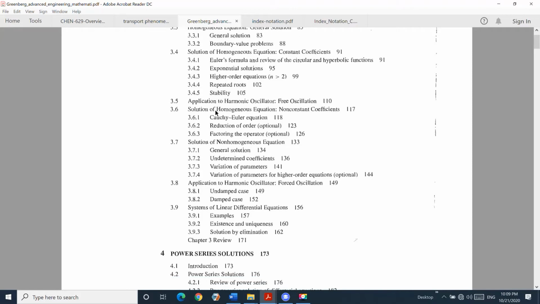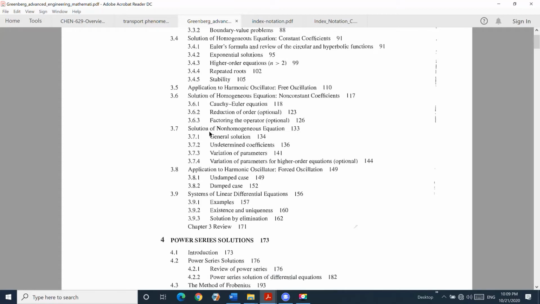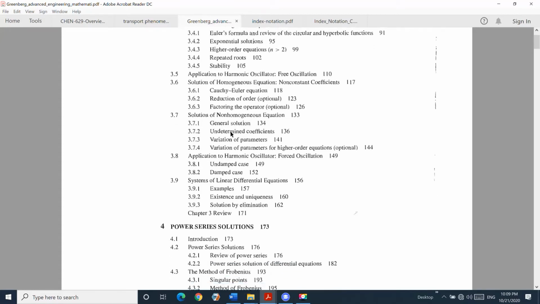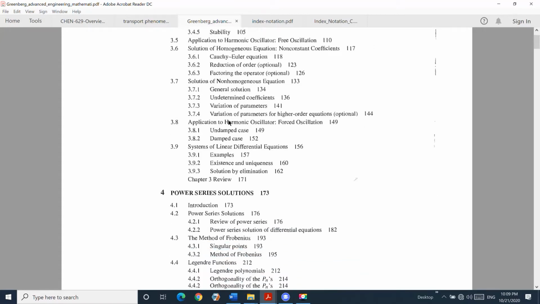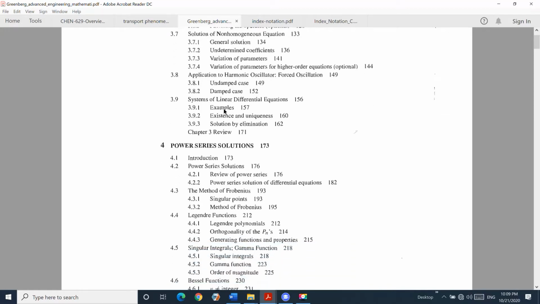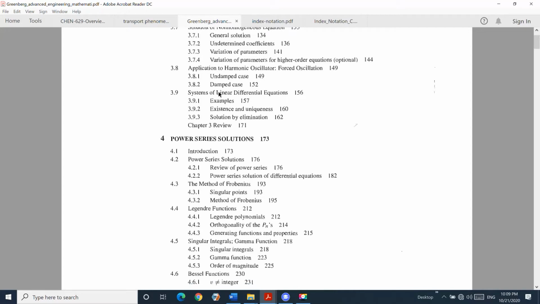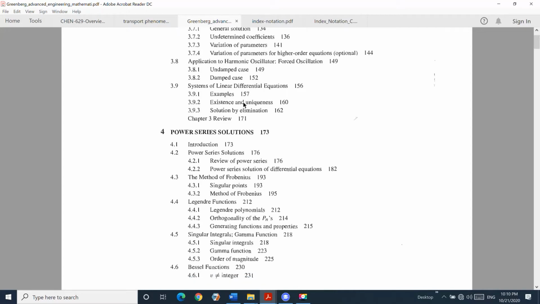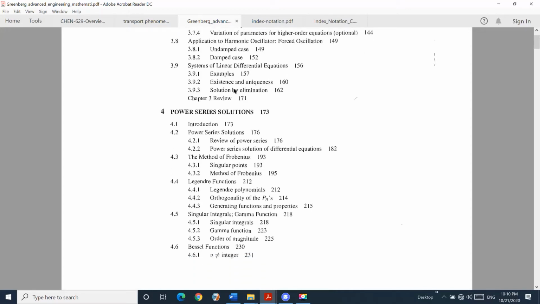Then it talks about the homogeneous equation with non-constant coefficients. And finally, it talks about the solution of non-homogeneous equations and their applications. Then it gives the system of linear differential equations, solutions, existence and uniqueness, and examples.